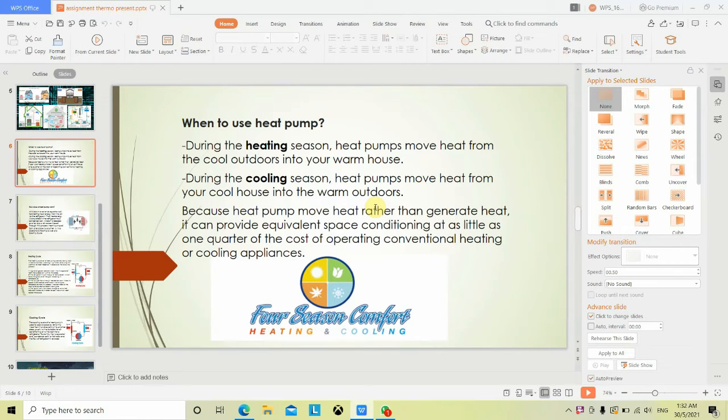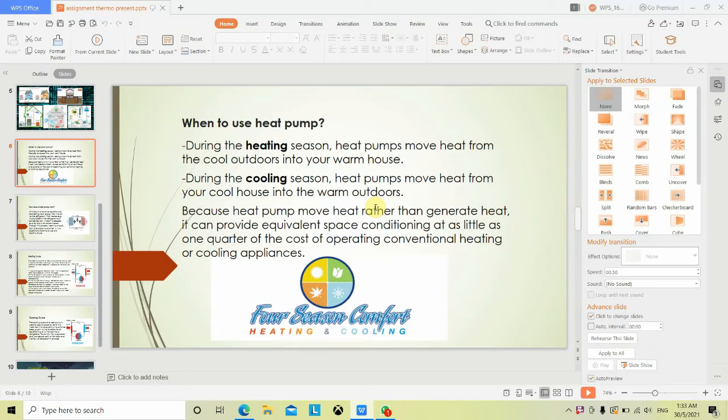Okay, Assalamualaikum warahmatullahi wabarakatuh. My name is Mohammed. Today I want to present about heat pump. A heat pump is a device that pulls the energy out of air for the purpose of either heating or cooling a space. For my part, I want to present about when to use a heat pump. Firstly, during the heating season, heat pumps move heat from the cool outdoors into your warm house.